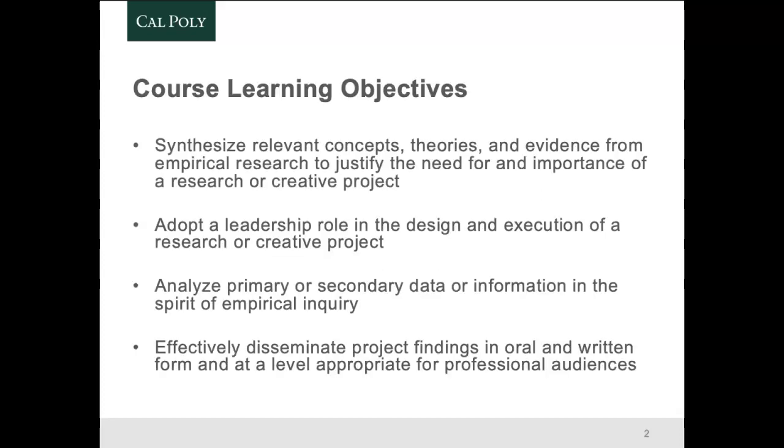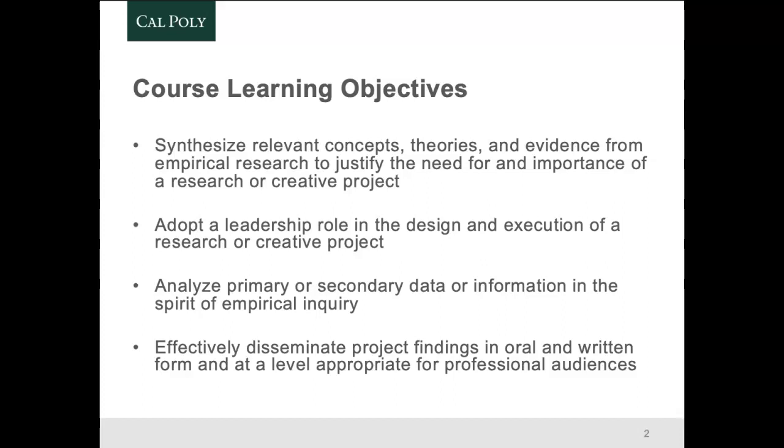So there are several learning objectives that have been established by the college in terms of what you should know after you finish your research senior project. The first one is to be able to synthesize relevant concepts, theories, and evidence from empirical research to justify the need for and importance of a research or creative topic.